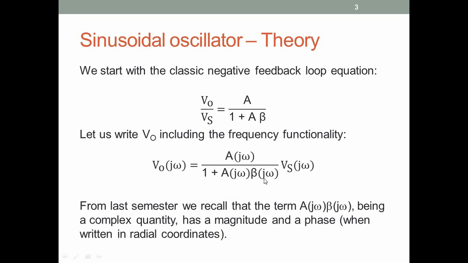Beta often is a function of omega, often it is not. In most feedback applications it is not, but in a sinusoidal oscillator it is going to be. Of course A times beta being a complex quantity, it has a magnitude and a phase, as you recall from last semester.